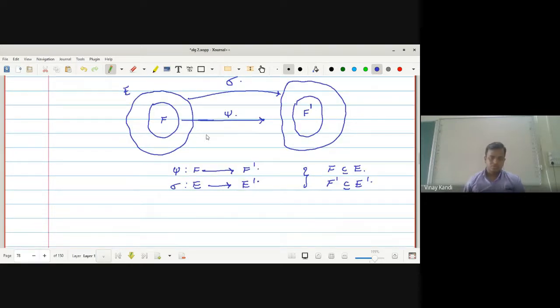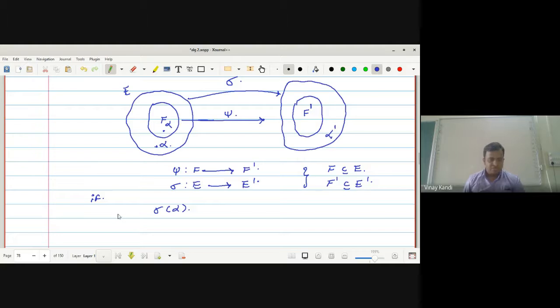If we have sigma of alpha, the element, the nature of the element, and the output, suppose this is alpha dash.